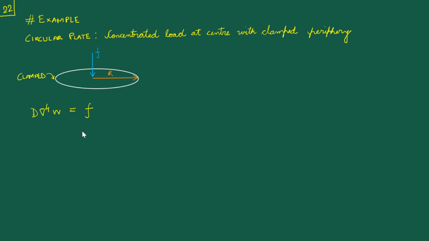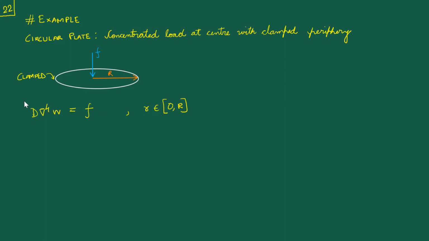Well, you see, if we write like this, first of all, there is the problem that this entire governing differential equation has to be valid in the domain 0 to R. Well, if that is so, then it would appear to us that wherever we are sitting along this radius, this F would be acting.